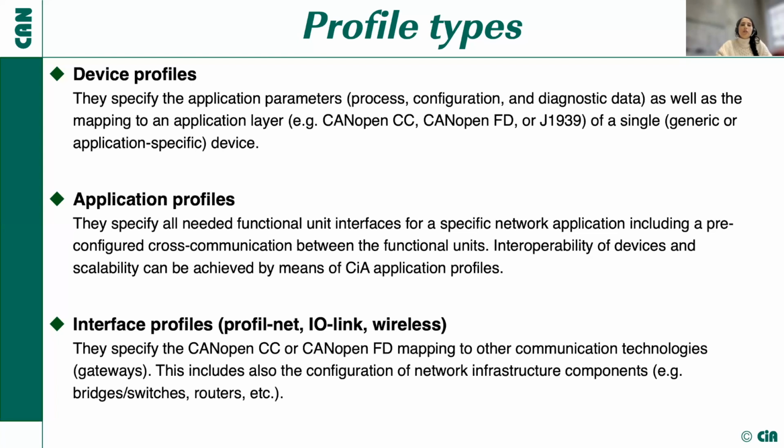And also we have interface profiles like PROFINET, IO-Link, Wireless that specify the CANopen CC or CANopen FD mapping to other communication technologies or gateways. And this includes also the configuration of network infrastructure components like bridges, CAN bridges, and switches and routers.